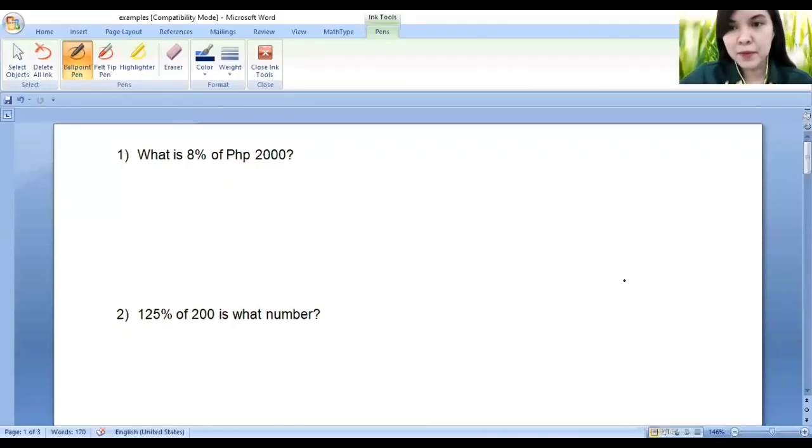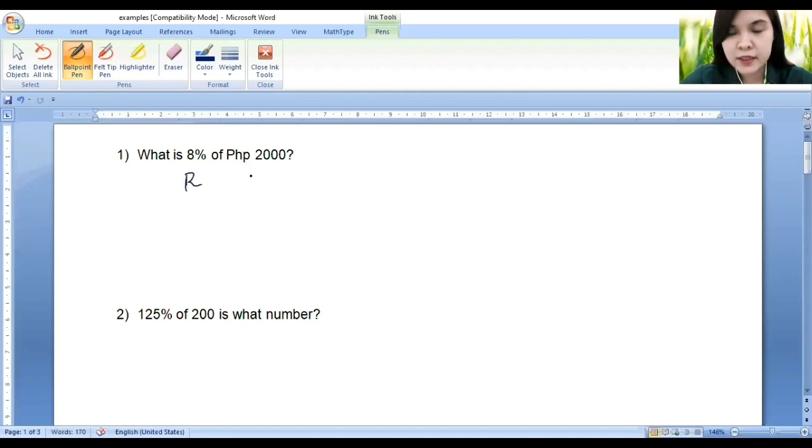Let us give examples of the application of percentage based on rate and percent increase, decrease. Number 1, what is 8% of 2,000 pesos? In this given example, this 8% is our rate, and this 2,000 pesos is our base. And 8% of 2,000, this of means times. Therefore, we're looking for the percentage. So the formula for percentage is base times rate.